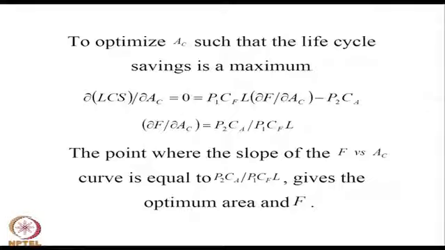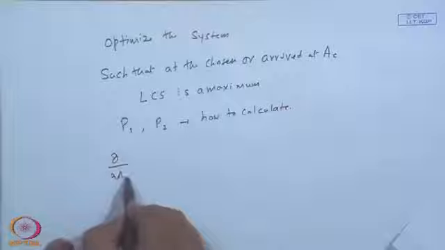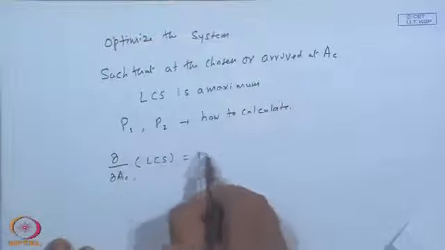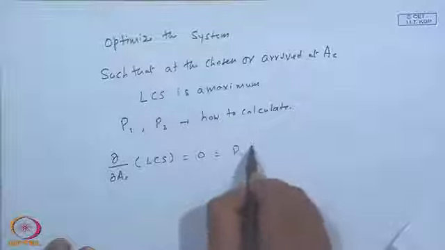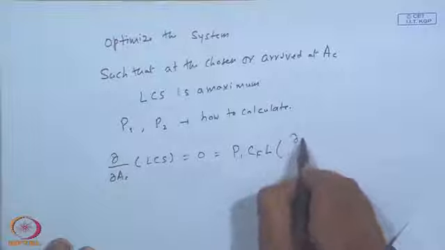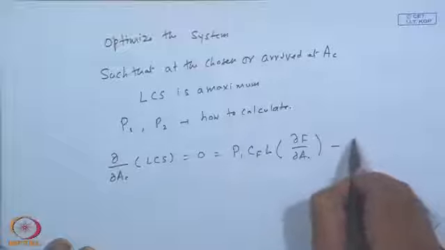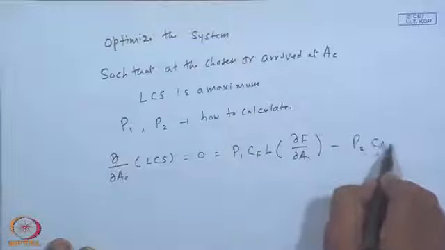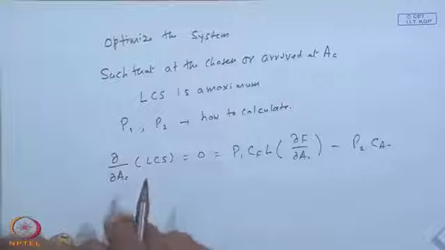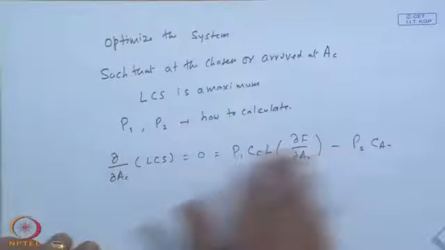So, the optimum will be del by del AC of LCS equal to 0, which will be P1 CF L times dF by dAC minus P2 CA, right, because that is AC differentiated with respect to the area that goes off and the fixed cost does not give anything.